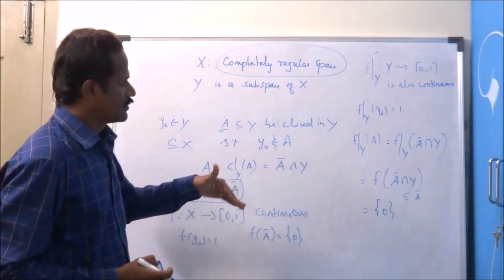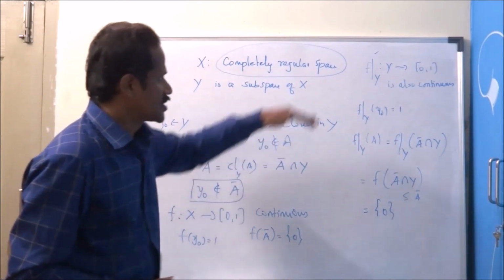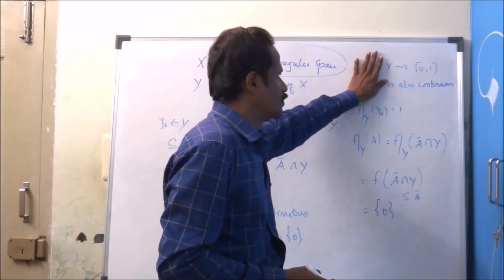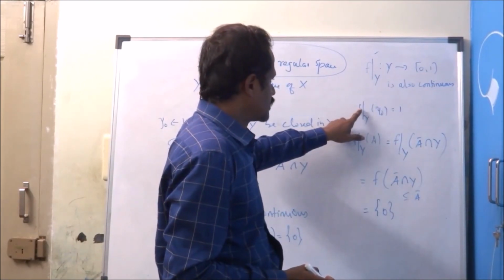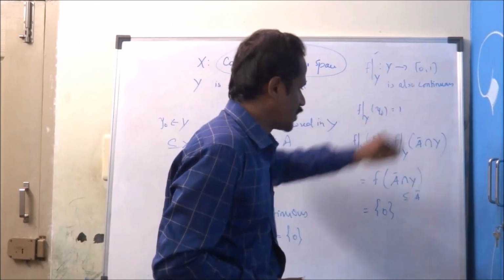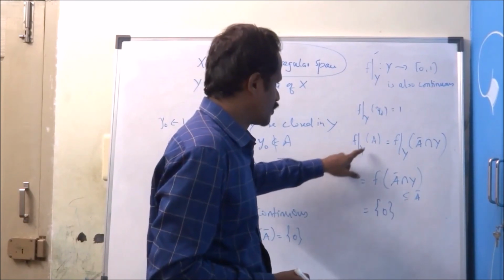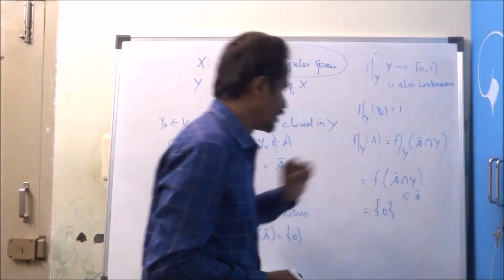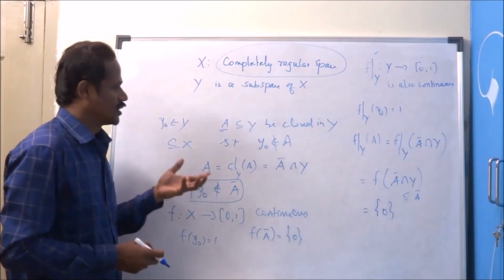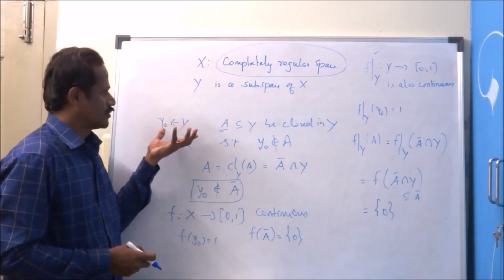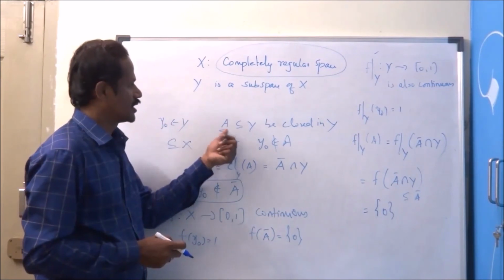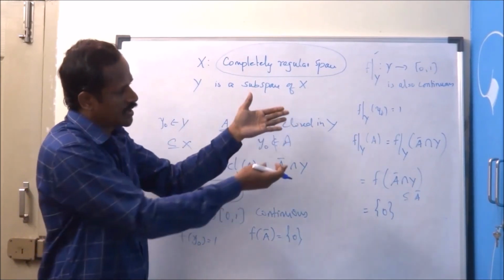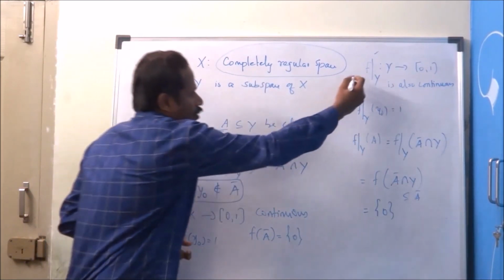So, to summarize what we have established: a continuous map f restricted to Y from Y to [0, 1] such that f restricted to Y at y naught is 1 and f restricted to Y at the set A is the singleton 0. This means that y naught and a closed set in Y not containing y naught can be separated by means of a continuous map.